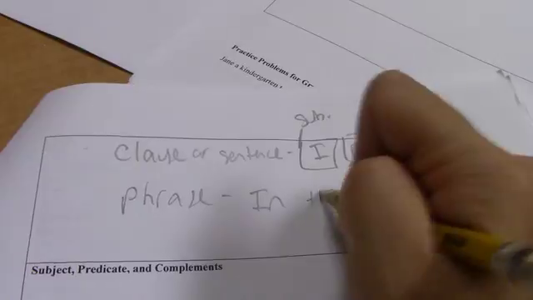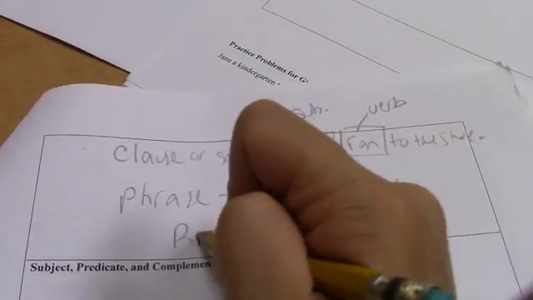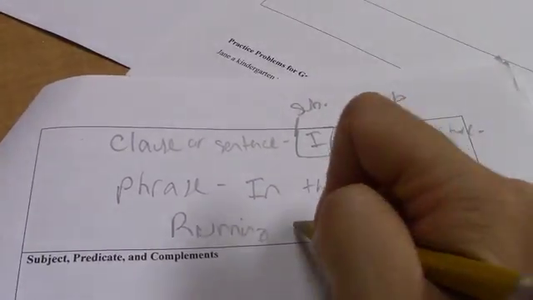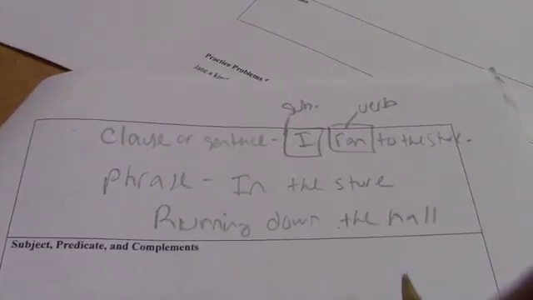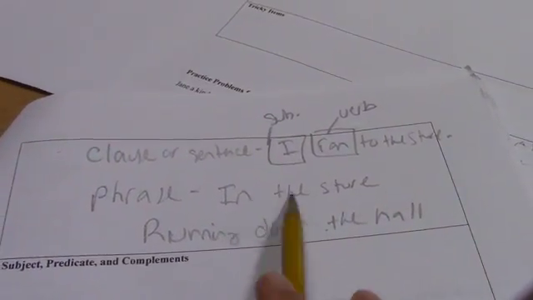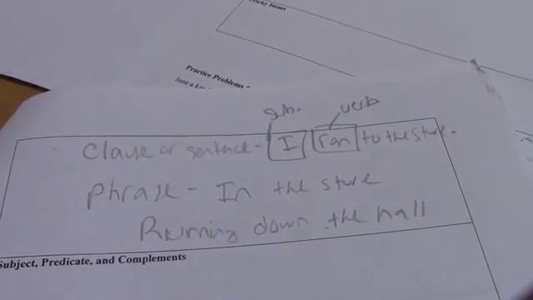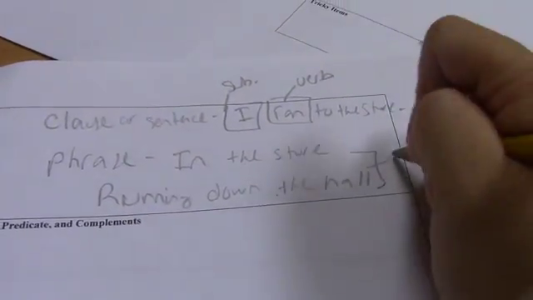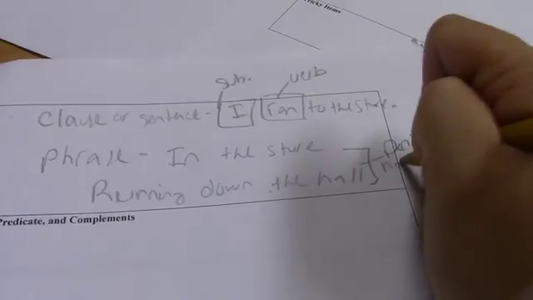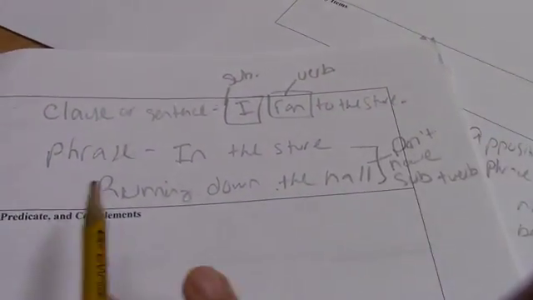An example of a phrase would be, in the store, or running down the hall. In both of these examples, I don't have a subject plus a verb. That's what makes it a phrase.